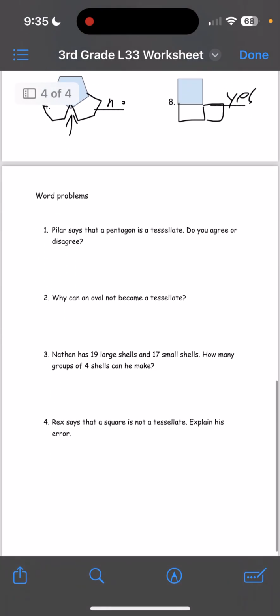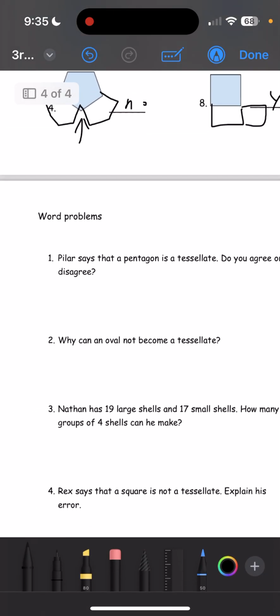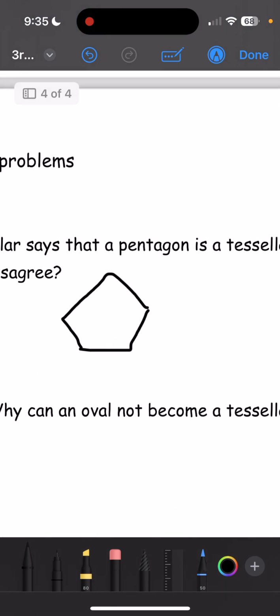Word problems. Pillar says that a pentagon is a tessellate. Do you agree or disagree? Okay, just like the question we had above, this is a pentagon.